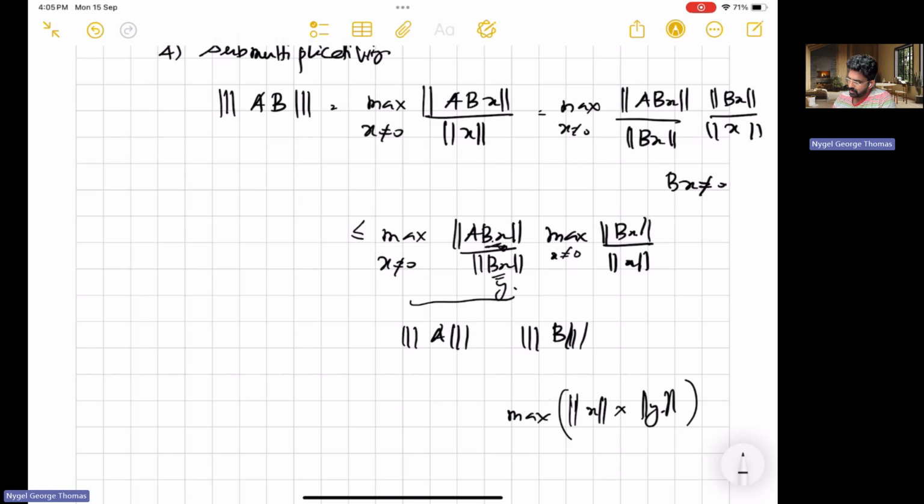You multiply them, then take the max out of it. So let's say this is giving a value like 5. We have a vector like 1, 2, 3, and we have another vector like 2, 5, 7. And let's say we are taking infinity norm. Now this infinity norm value will be 3 here, and this will be 7 here. So 3 into 7.